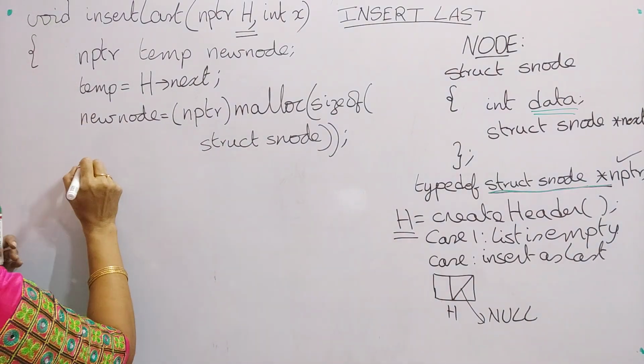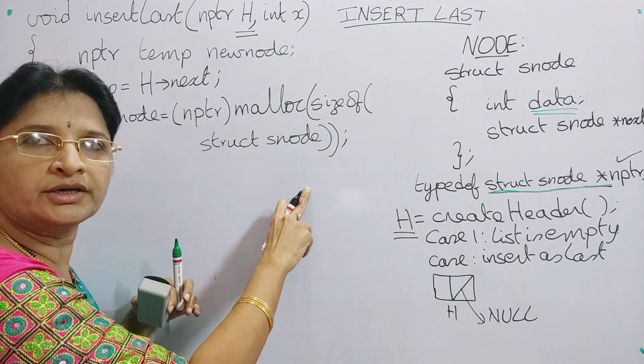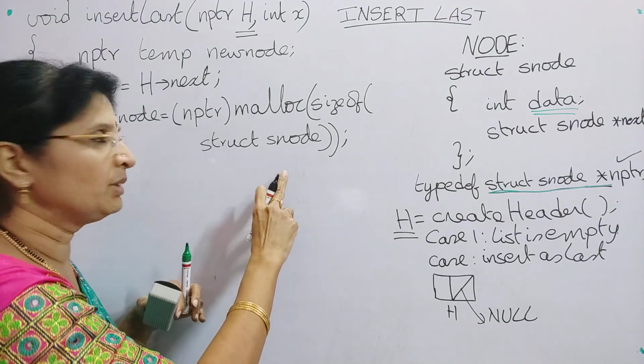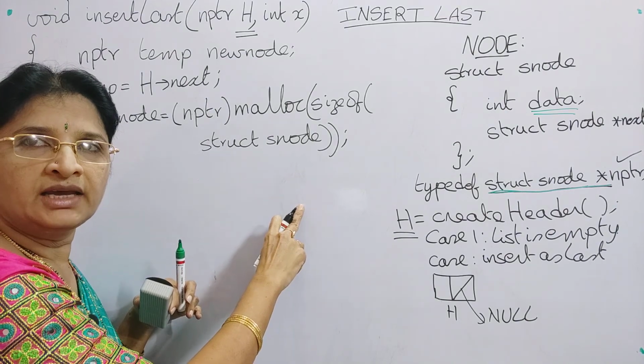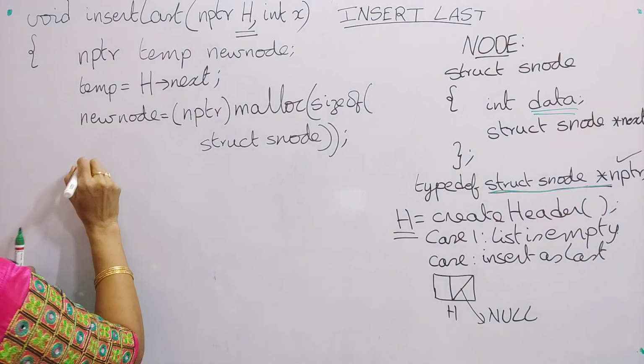Now what you have to do? You have to check whether the memory has been allocated or not. If the memory is not allocated, is it necessary to do the remaining process? It's a waste. So that's why you have to check it.